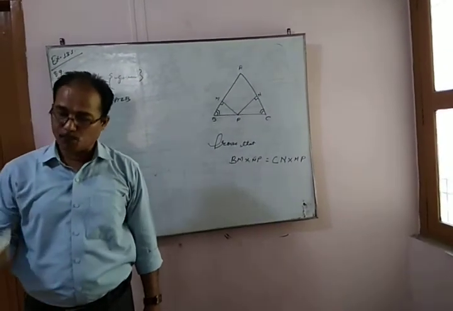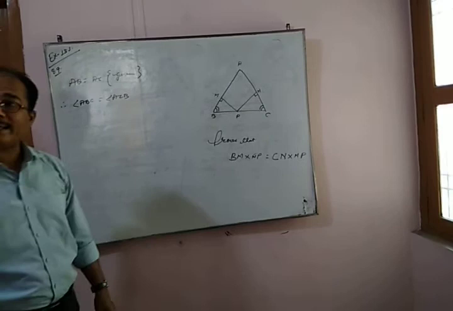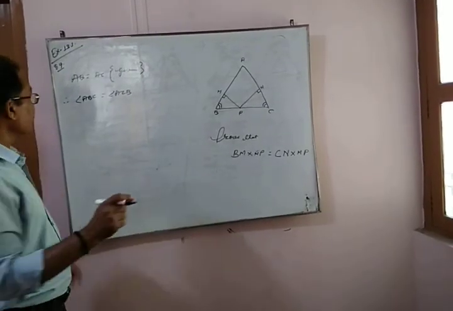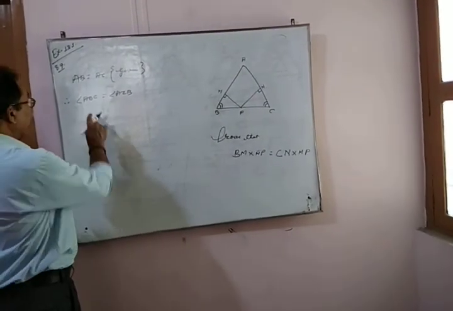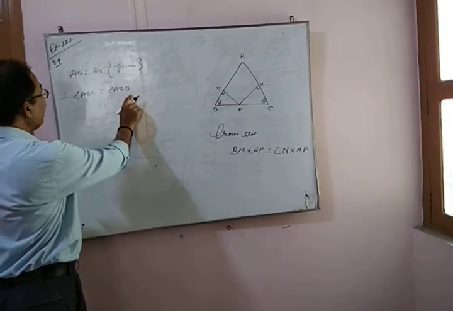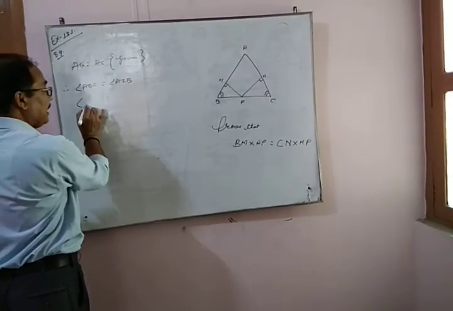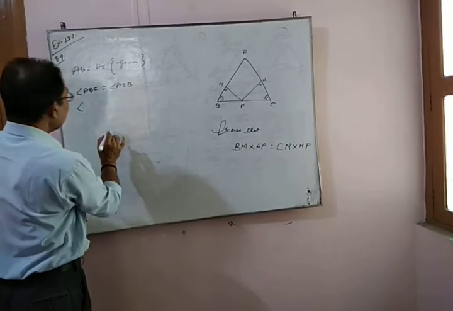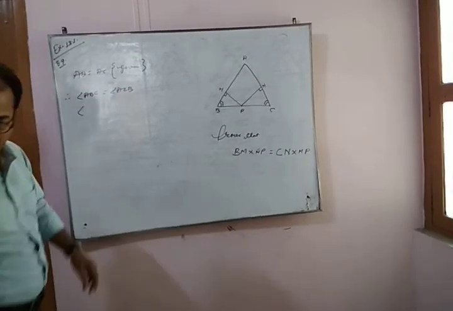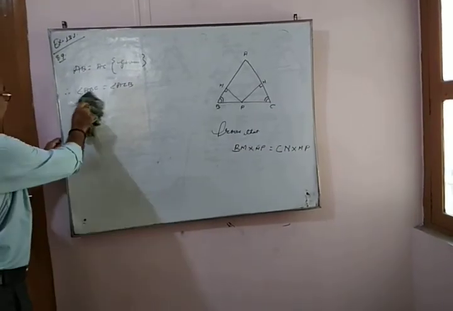To prove the triangles similar, two angles must be equal. So angle ABC equal to angle ACB because AB equal to AC. First of all, you write down the names of the triangles.